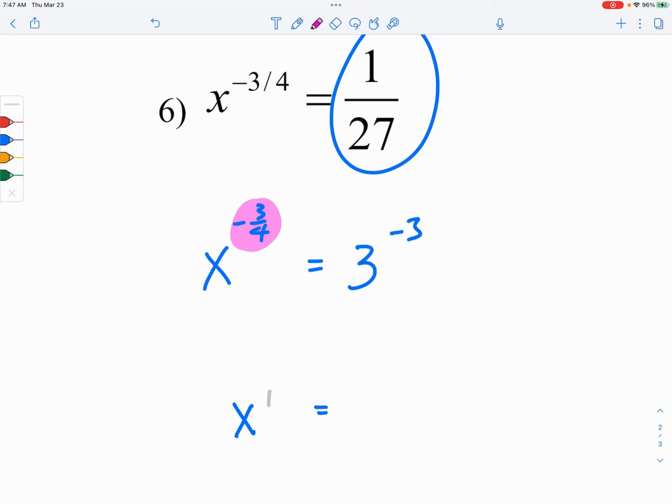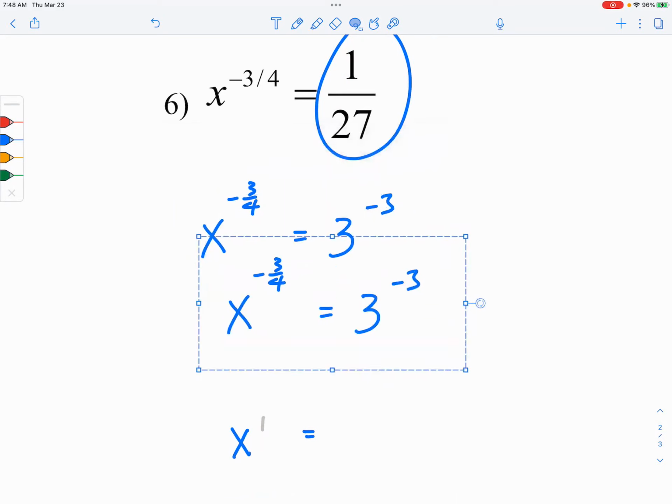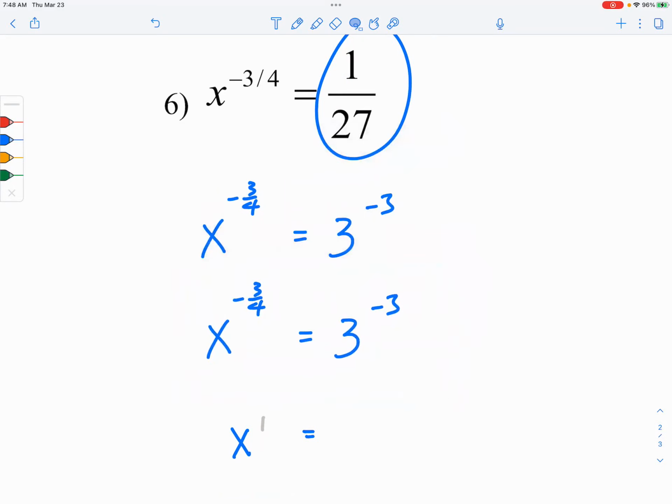Again, you have an exponent right here that is not 1, but how can you make it 1? So that's the challenge. Any suggestion? How can you make it 1?